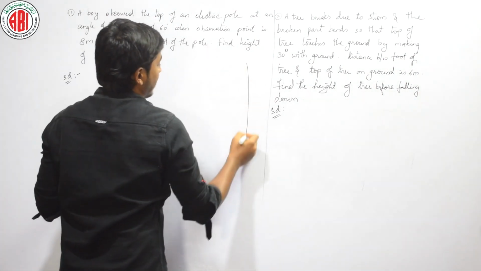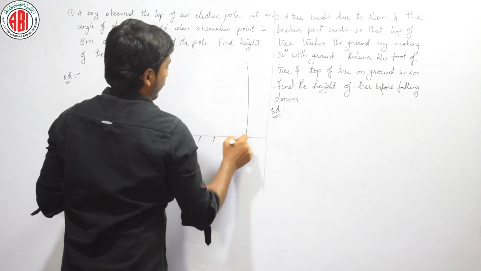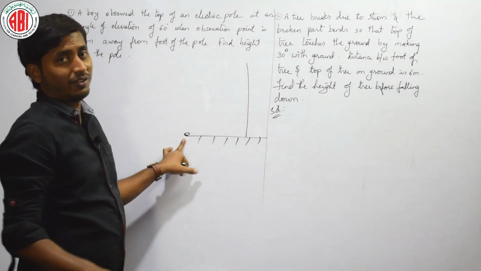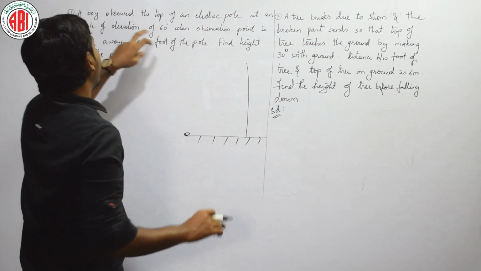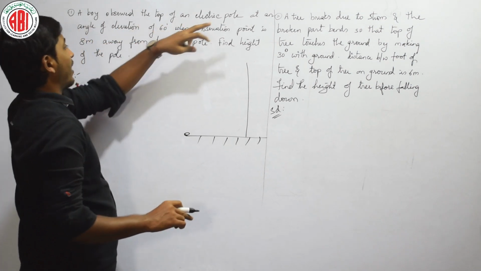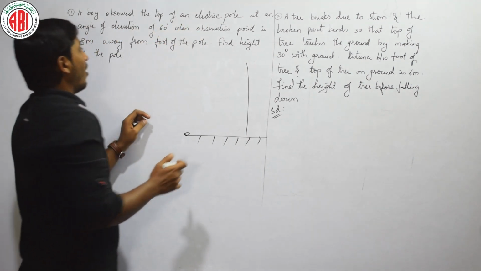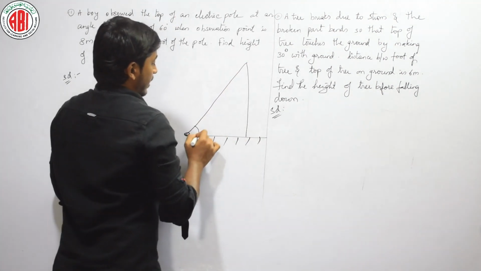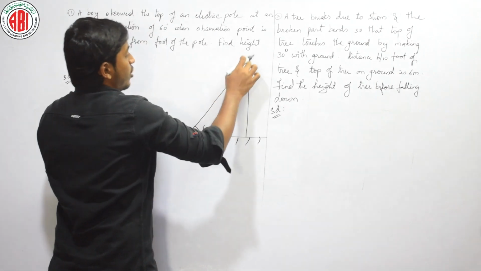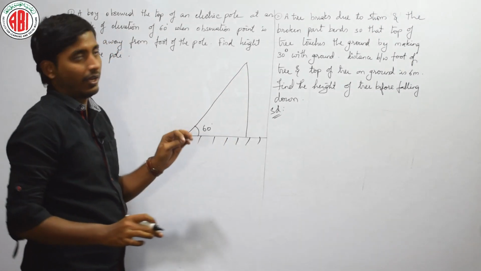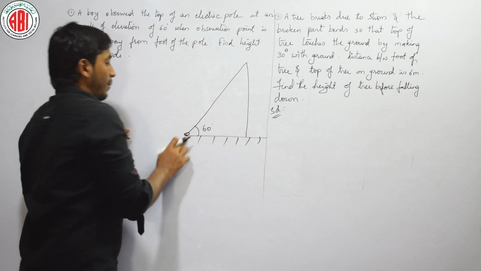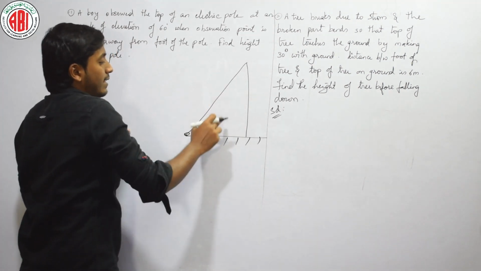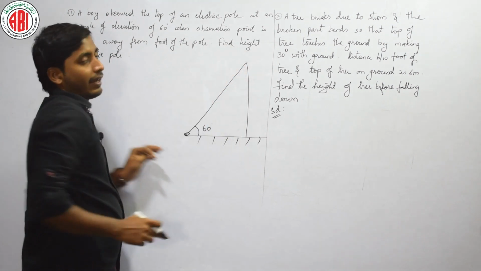For example, if this is my electrical pole, right, if there is a boy standing here, we always assume the boy is sitting on the floor, okay. See here, electrical pole at an angle of elevation of 60 degrees. See here, he is observing the top of the pole at 60 degrees, okay. क्या दिया उन्होंने, एक पर्सन नीचे बैठ के ये टॉप ऑफ द पोल को 60 डिग्रीज एंगल से देख रहा है.